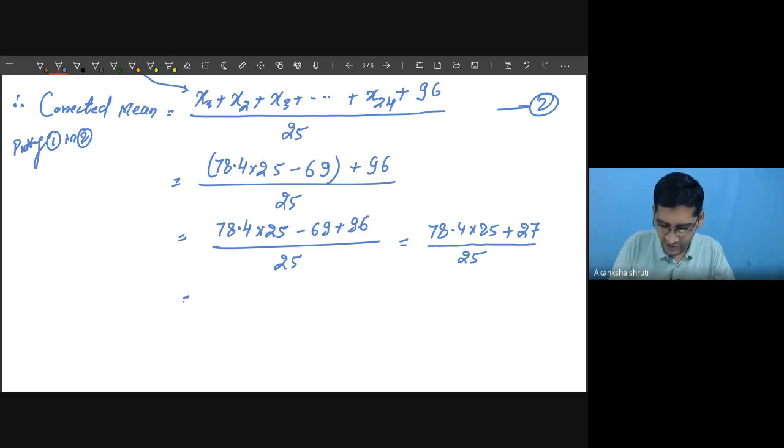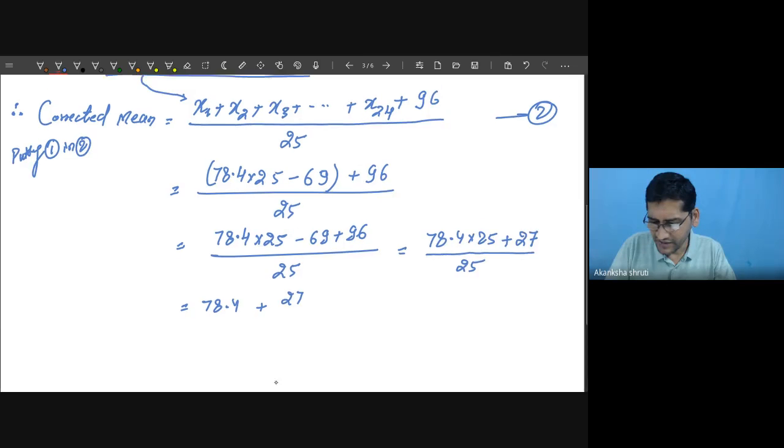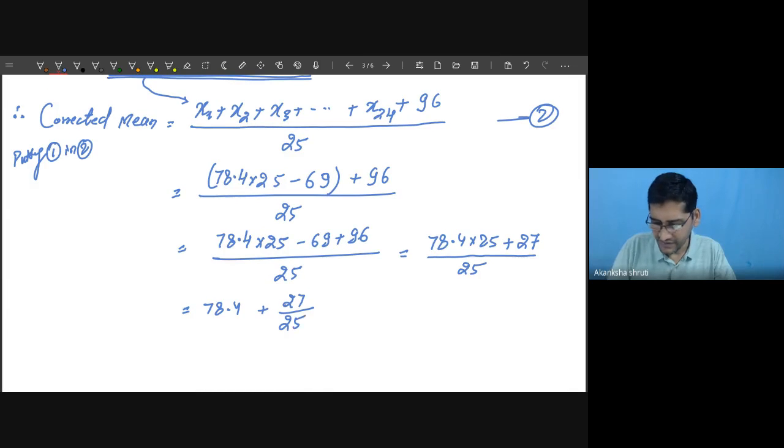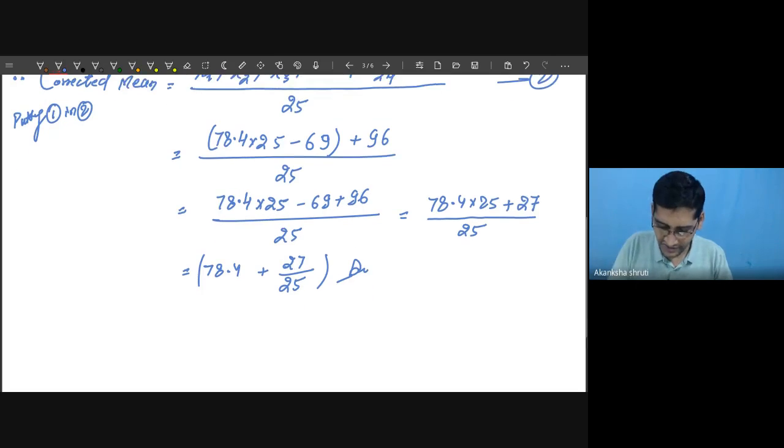Or even a smarter student is trying to do it like this. They are keeping this 0.4 and separating it. 25 and 25 will get cancelled, so 27 by 25 will be there. You may keep the answer here itself, or even if you want, let us club this too. So it is 78.4 plus, go for dividing this. Or go for multiplying numerator and denominator by 4.